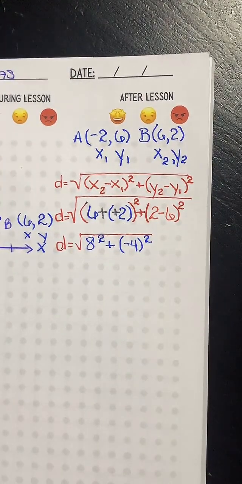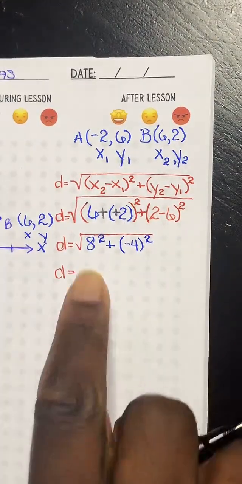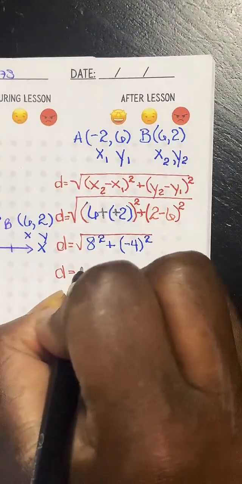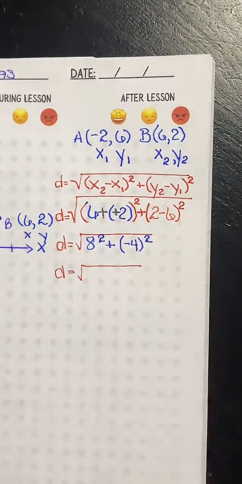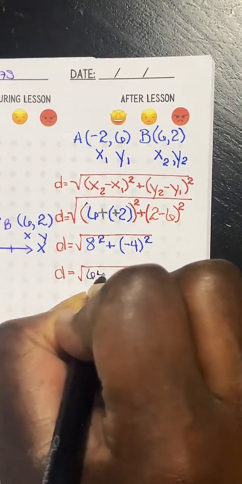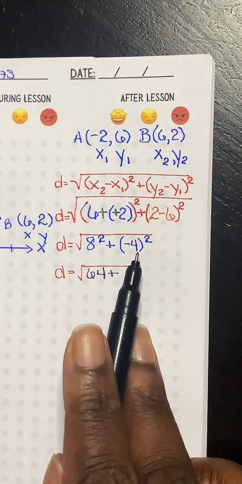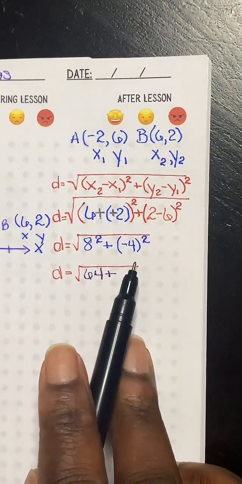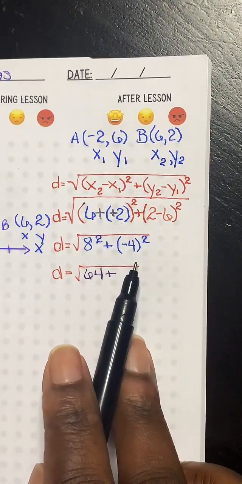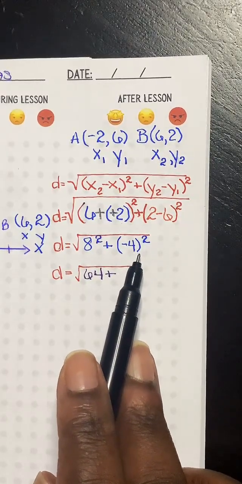So now let's clean it up some more. So 8 squared, that gives me 64. Okay, plus negative 4 squared. Okay, please do not say it's negative 16, because negative 4 squared is negative 4 times negative 4.